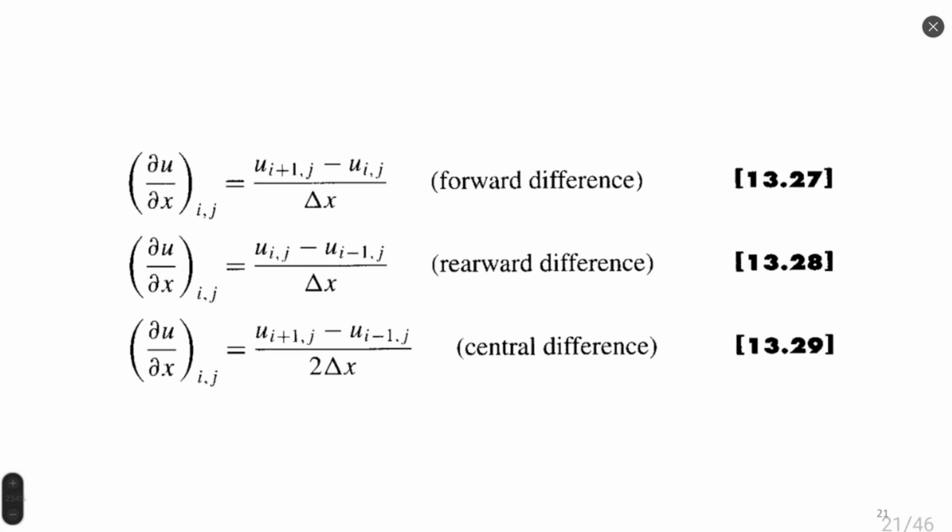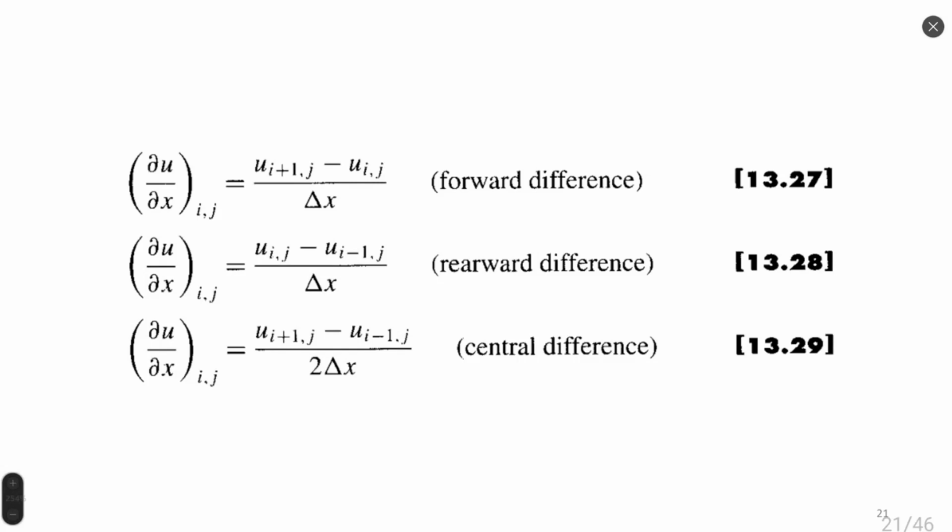Here in formulas 27, 28, and 29, you can see how the derivative from our flow equations could be substituted in an algebraic model by algebraic relations. On the left side is the derivative around some arbitrary point ij in a two-dimensional space. i is the coordinate in the x direction and j usually is the coordinate in the y direction.